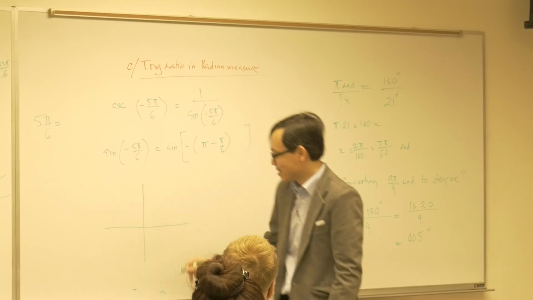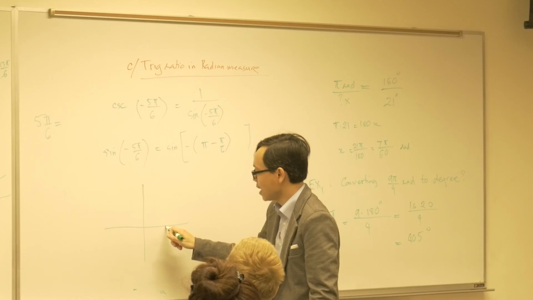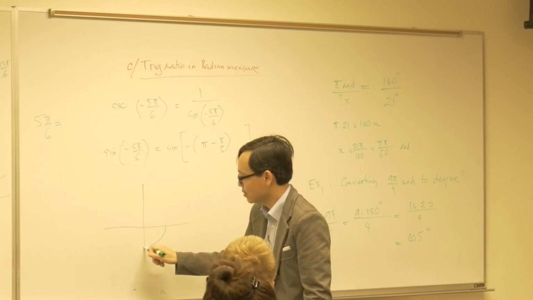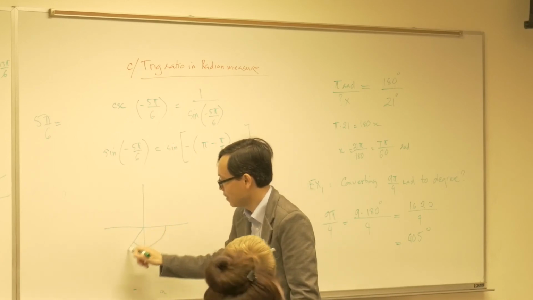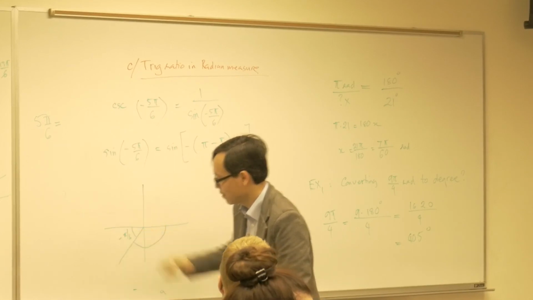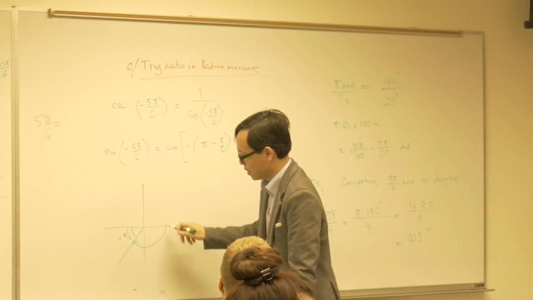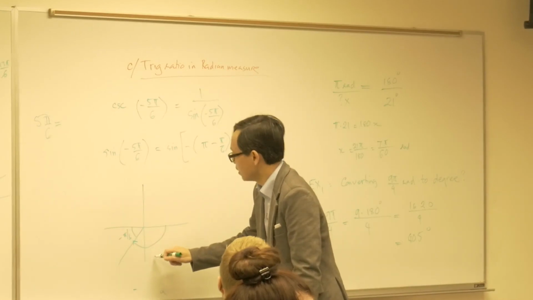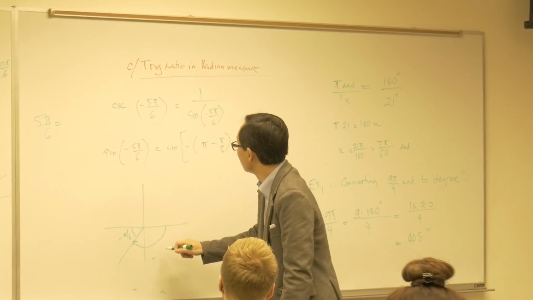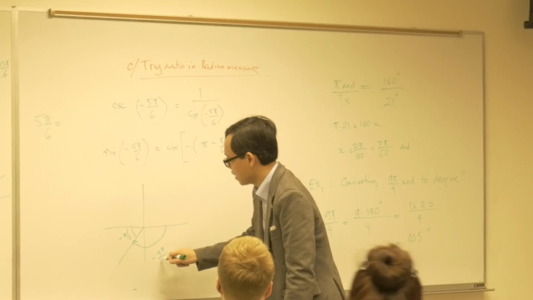It's going to go like this. Pi minus pi over 6, so it's going to be something like that. So this is pi over 6 right here. Then the whole thing from here to here will be negative 5 pi over 6.